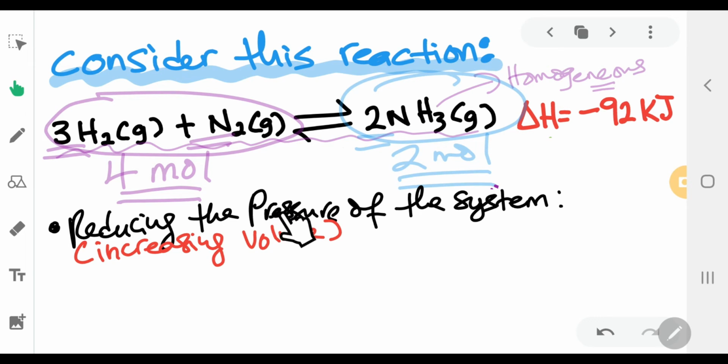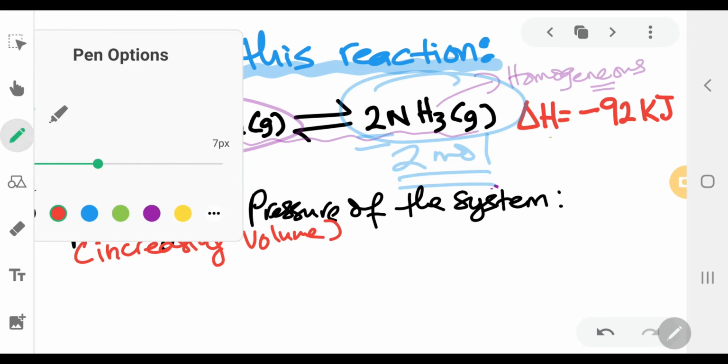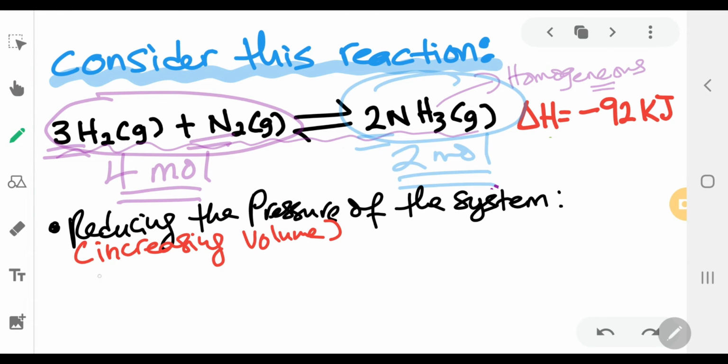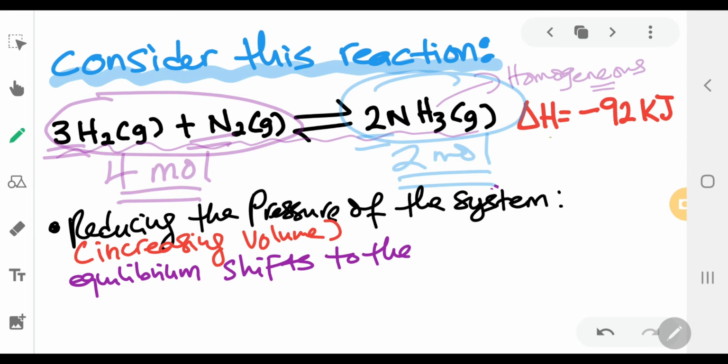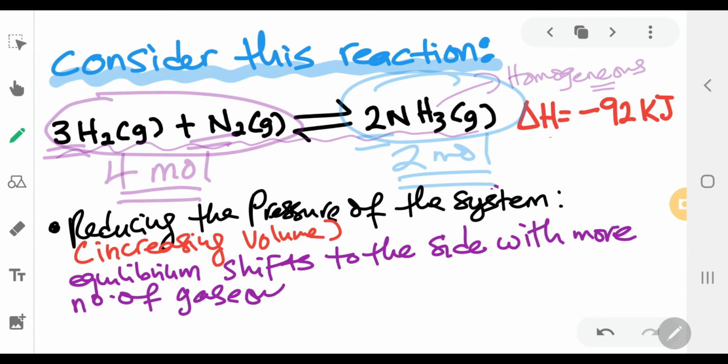So how does the reaction do that? It will shift to the side with the greater number of moles of gas. So the equilibrium shifts to the side with more gaseous moles.